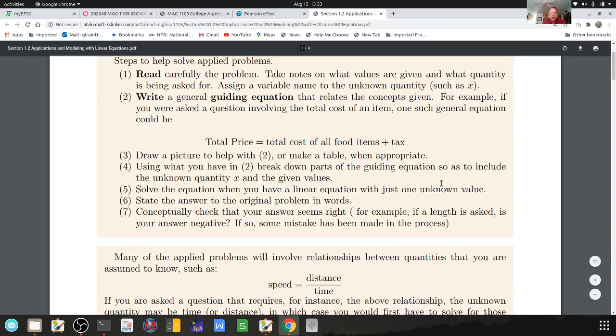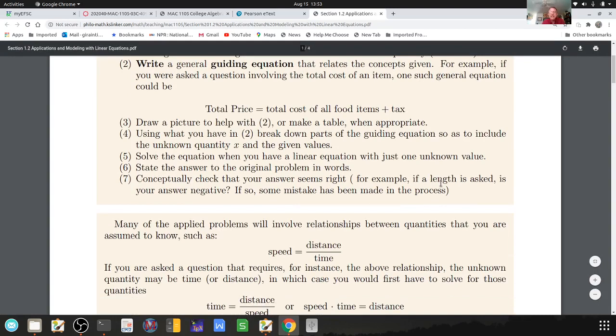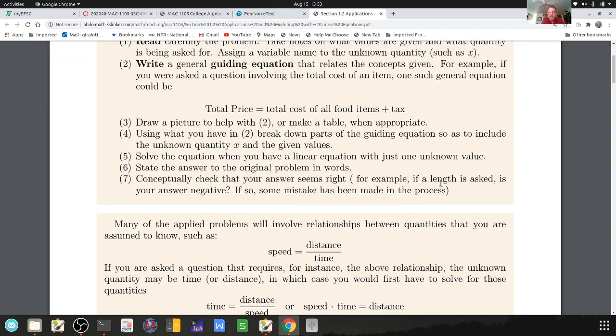Use that general equation and the details that you later find out to help you put the pieces together. Draw a picture to help, or make a table when appropriate. We'll be doing both of those things.